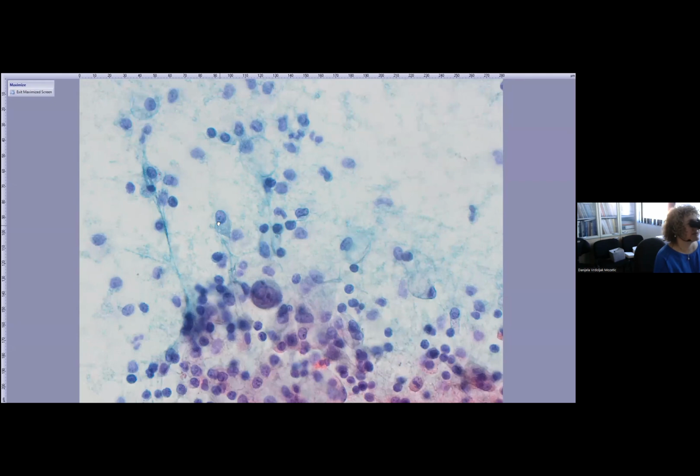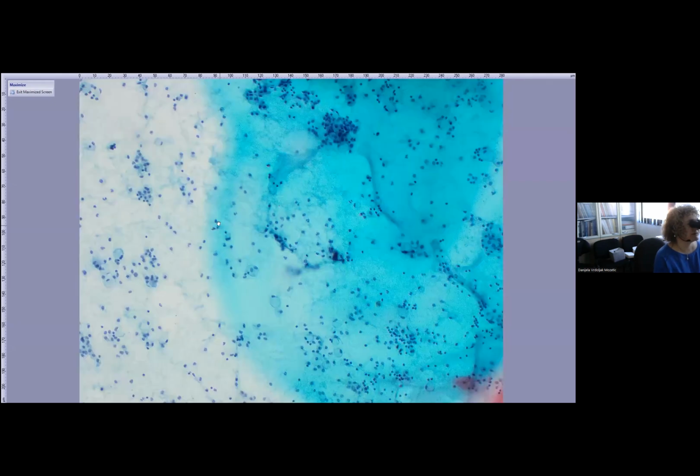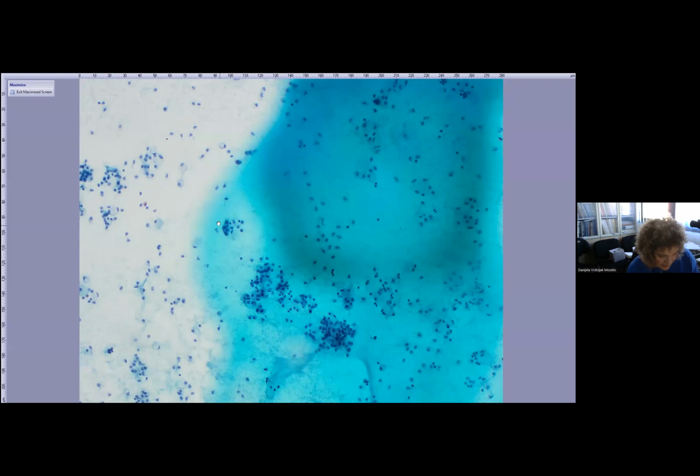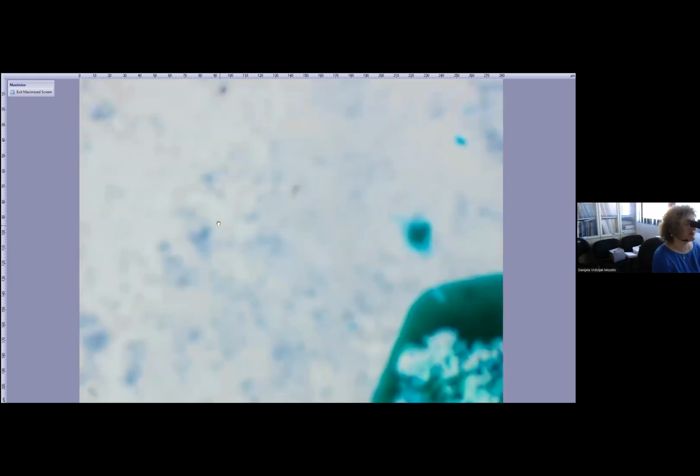So we went further with this case. Okay, let me see, what is this? So this was the case where we used cytology for immunocytochemistry. I hope it's still good, because over time it can deteriorate.